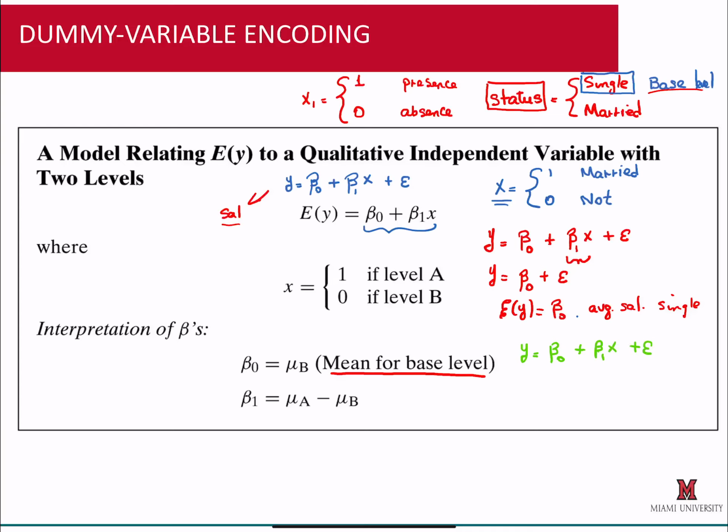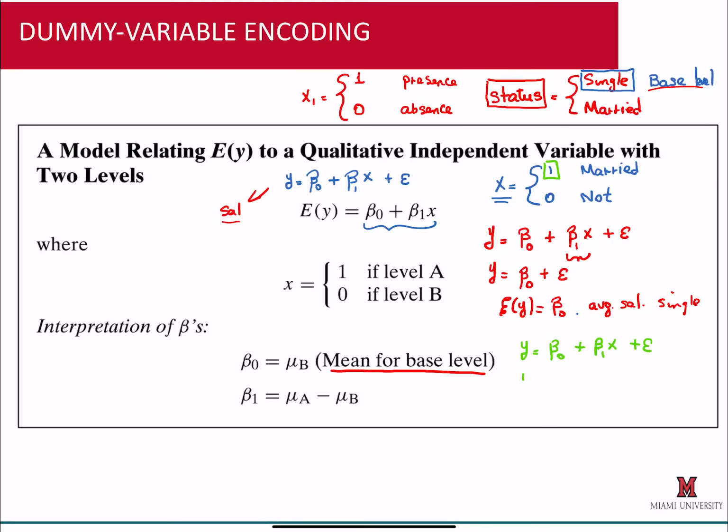But now choosing somebody who is married sets the value of the dummy variable to 1. So this becomes beta 0 plus beta 1 times 1, which is just beta 1, plus epsilon. So the expected value of y is just beta 0 plus beta 1.